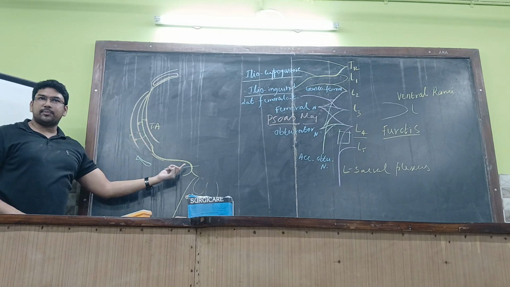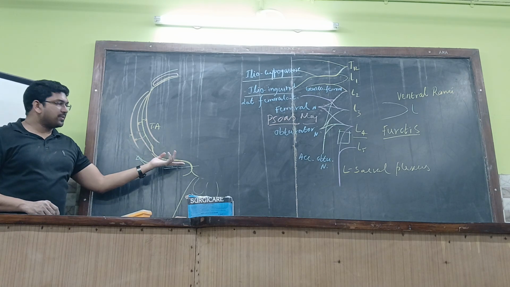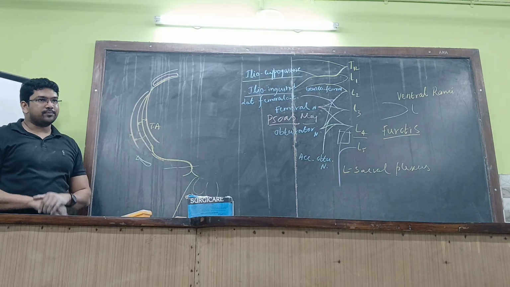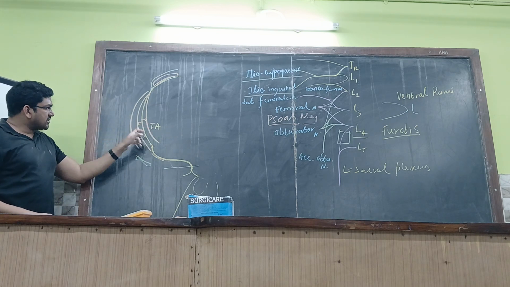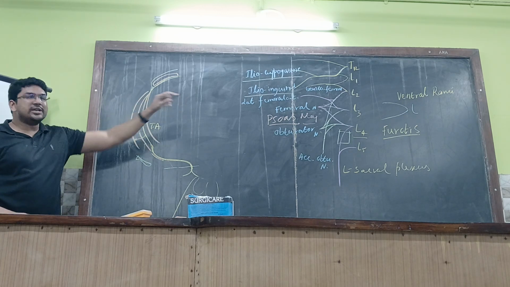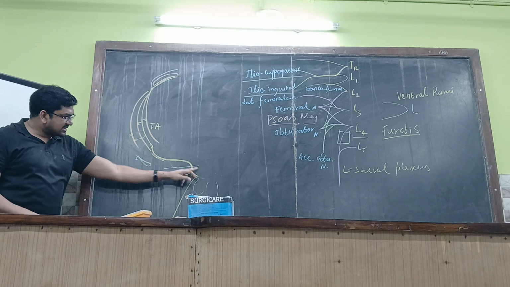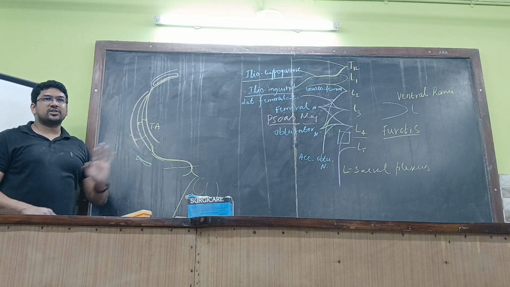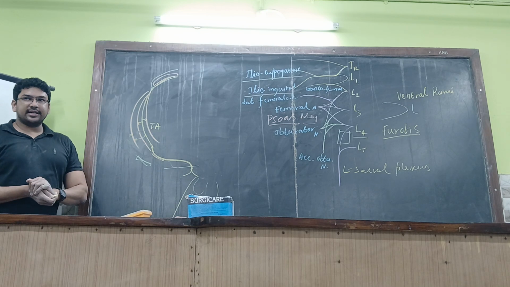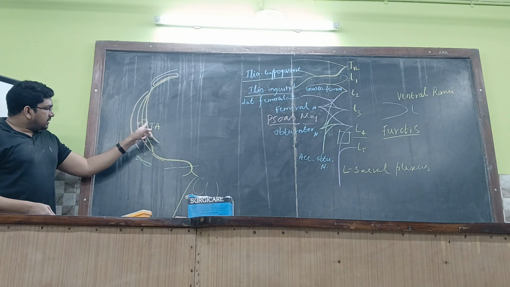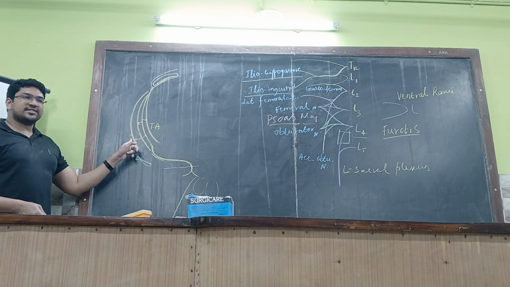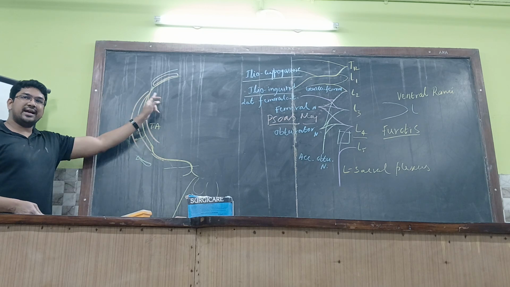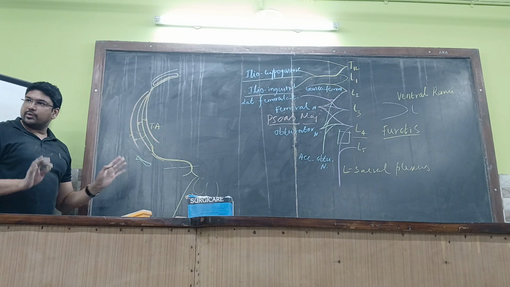Aponeurosis is not a contractile part over here; it's a fibrous part. Even if it is supplied, it doesn't matter over here, isn't it? So internal oblique and transverse abdominis are supplied by the ilioinguinal nerve. And later on, the skin over the root of the scrotum and penis and upper part of the medial aspect of the thigh. Understood or not? So the internal oblique, transverse abdominis, and external oblique are supplied by the iliohypogastric nerve and ilioinguinal nerve. Could you remember or not?